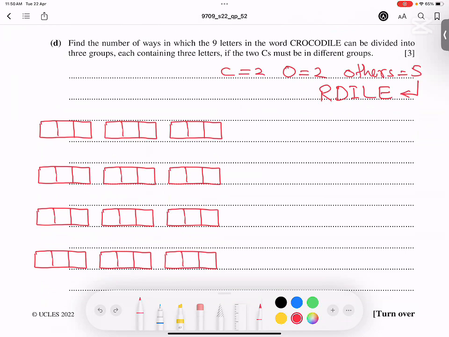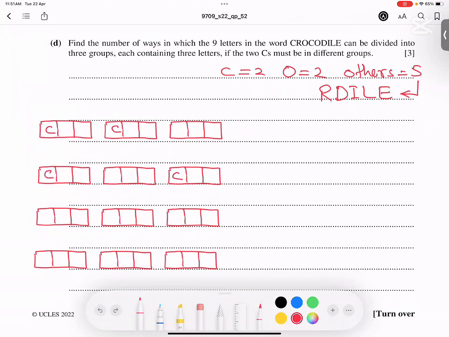So let's say because he mentioned to us that we have to take the C in two different groups. So 2 C's together is not possible. We have to divide them in separate groups. So I make a plan, C and C here. Why is it possible to put C here and C there? Because for your knowledge, this is the same. If this comes here and this goes there, we get the same situation.